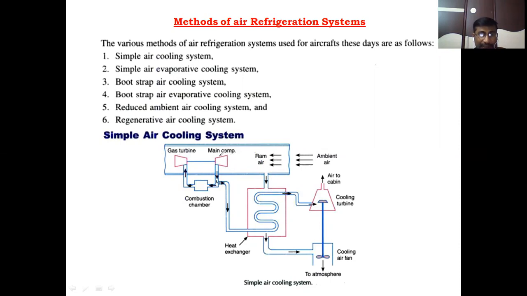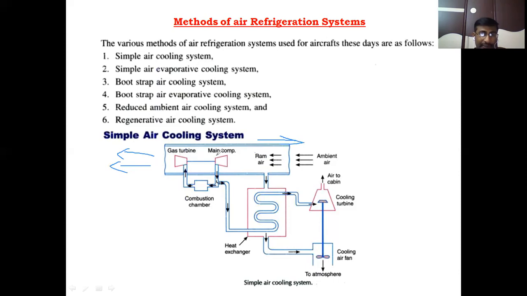After entering the main compressor, some of the compressed air is diverted towards the refrigeration system, and the remaining air enters the combustion chamber, then the gas turbine and then the nozzle, and is exhausted from the aircraft. Due to the high velocity jet gases, the aircraft moves in the forward direction.